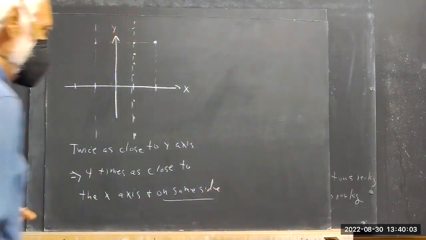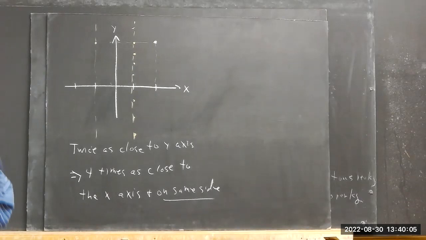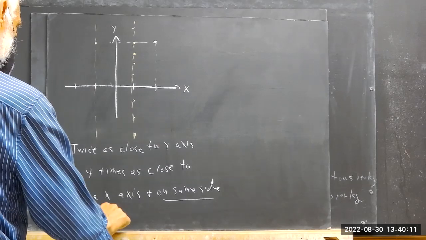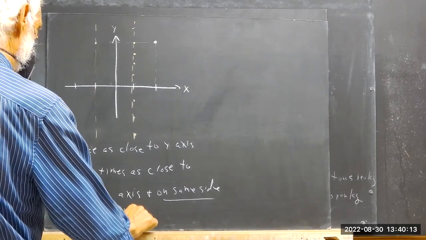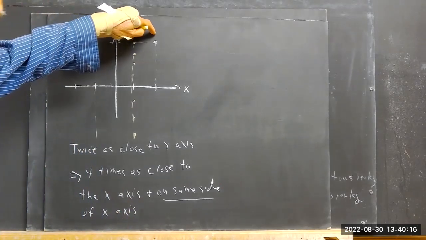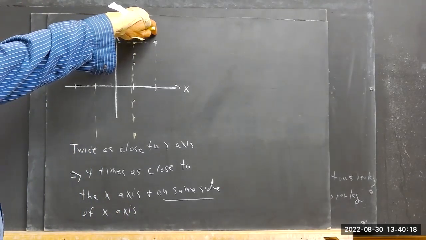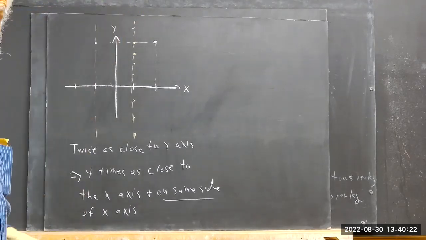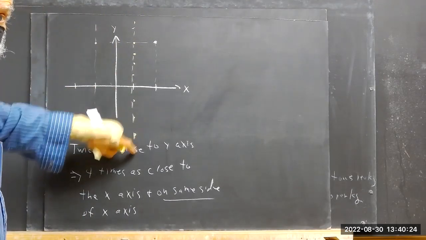Also on the same side of the x-axis. So if your point's up here, when you move twice as close to the y-axis, you move 4 times as close to the x-axis, you don't go on this side of the x-axis, you stay on this side.